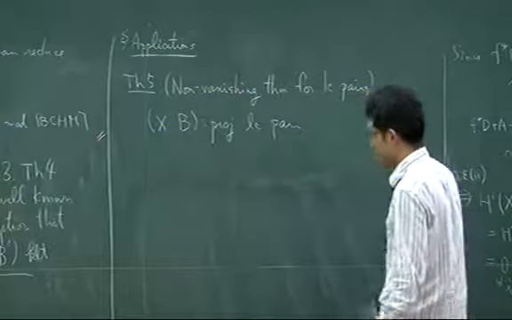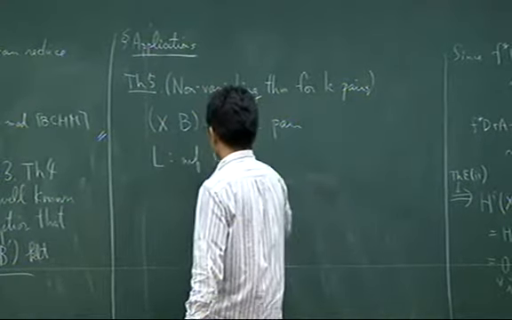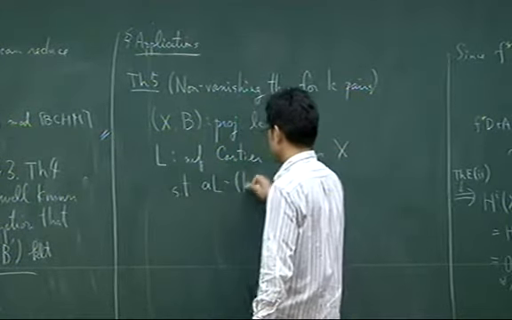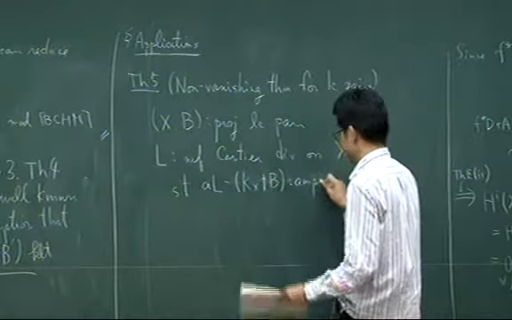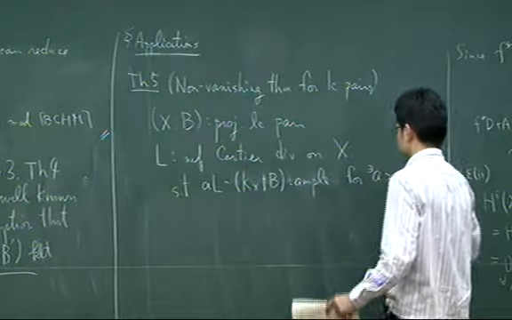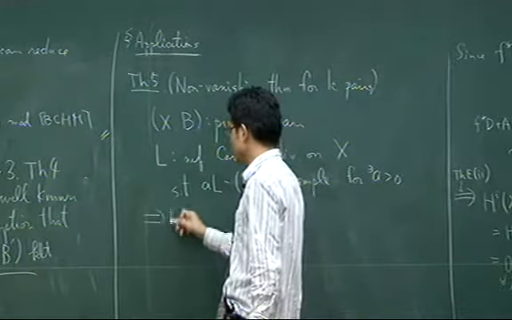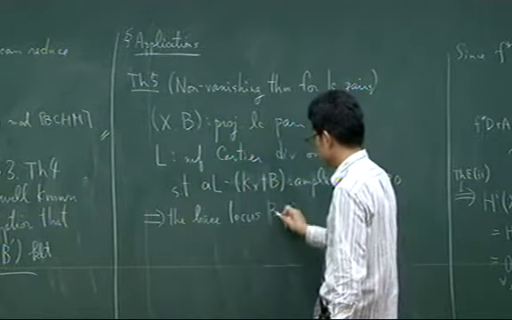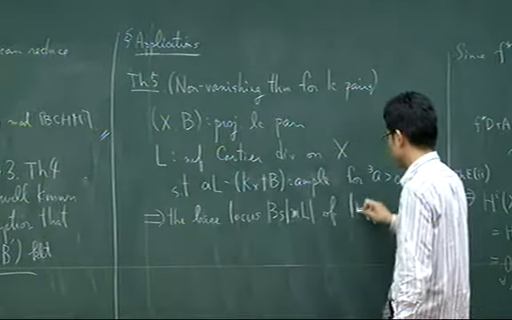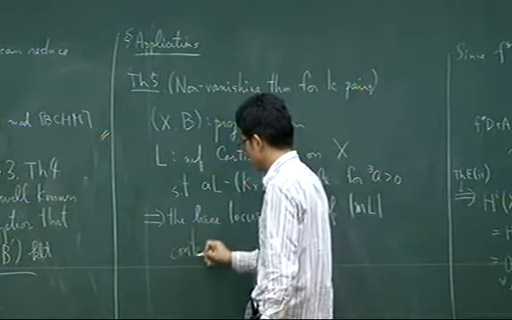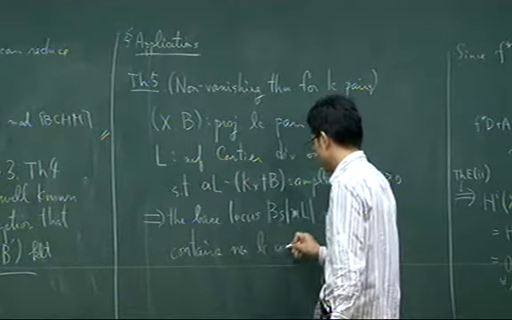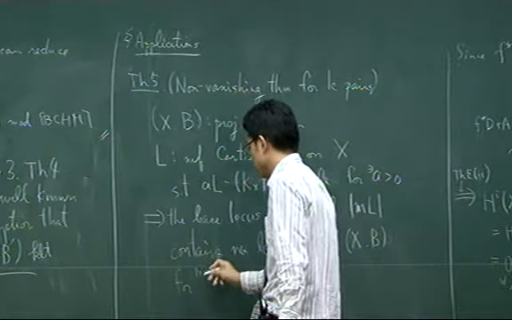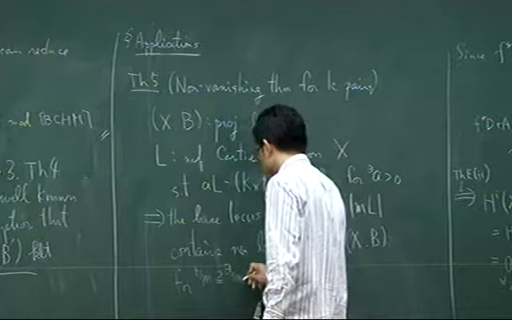This means X is a projective variety and this pair is log canonical, and L is a nef Cartier divisor on X, such that A times L minus (K_X plus B) is ample for some positive integer A. Then the base locus Bs|ML| of the complete linear system |ML| contains no LC centers of pair X B for any M greater than or equal to some fixed M0.